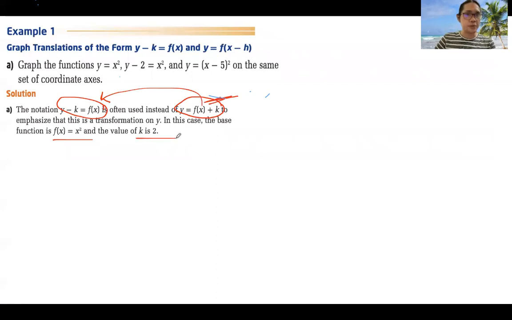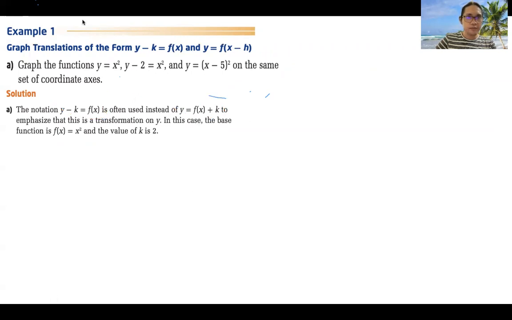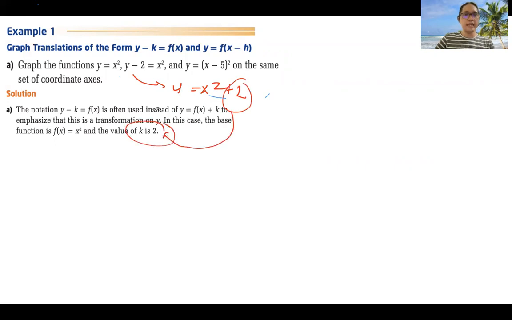Your k is 2. Why 2? You can rewrite it as y = x² + 2. Therefore, your k is 2. I hope we are clear about this one.